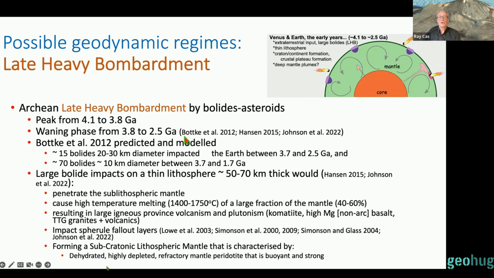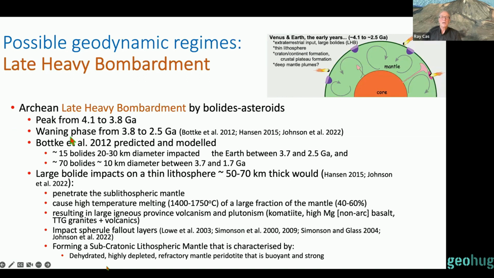Further work has indicated that asteroid and bolide bombardment probably continued in a waning manner to the end of the Archean.